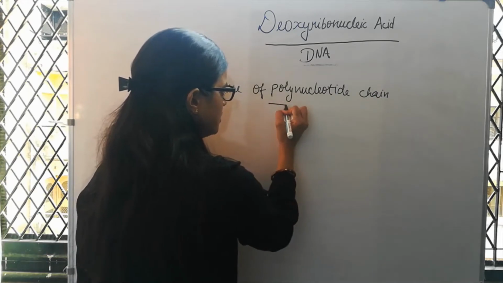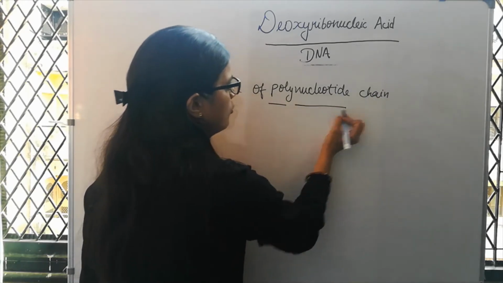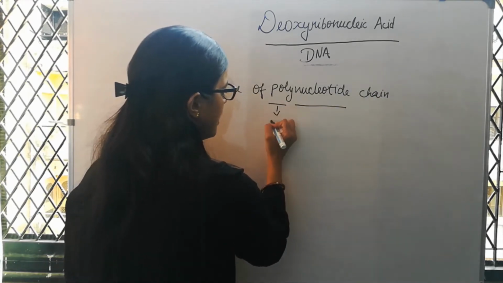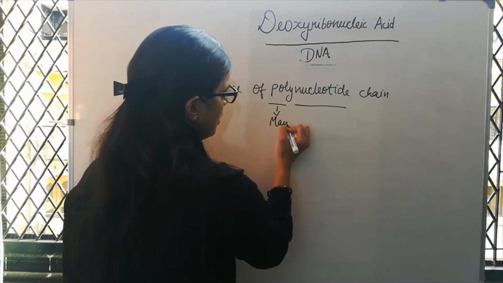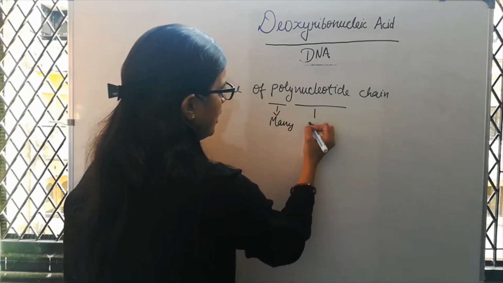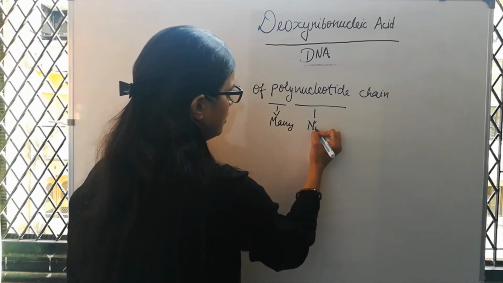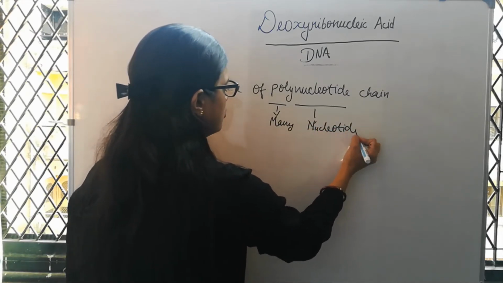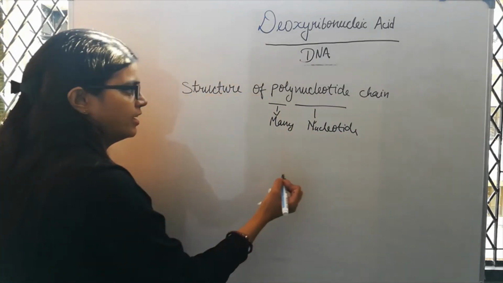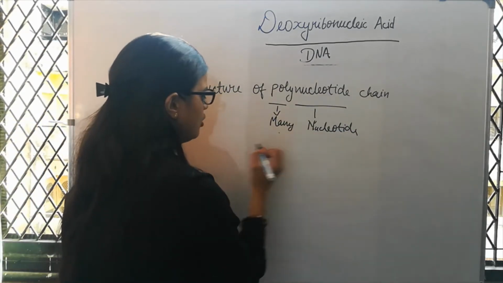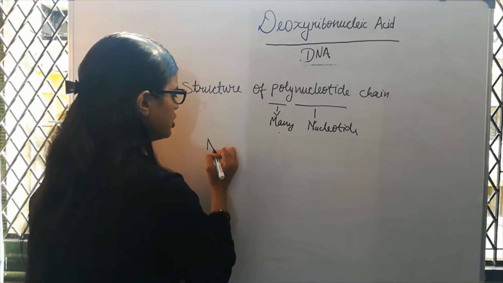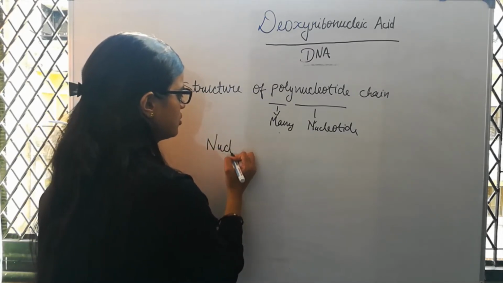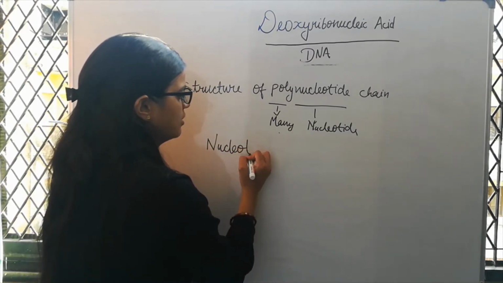As the name suggests, polynucleotide: poly means many, and nucleotide. So polynucleotide is made up of many nucleotides, and each nucleotide consists of three components.